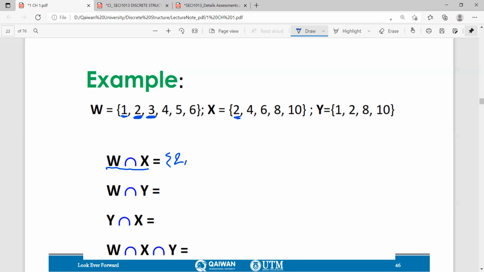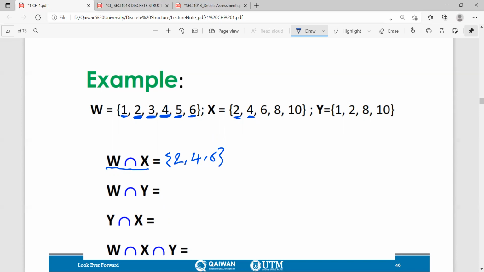No. Do you have 4 in X? Yeah, you have 4 in X also. 5. Do you have 5 here? No. 6. You have 6 here. So this is W intersection X. Just compare the sets element by element. If you find any element which is in both sets, it's in the intersection.